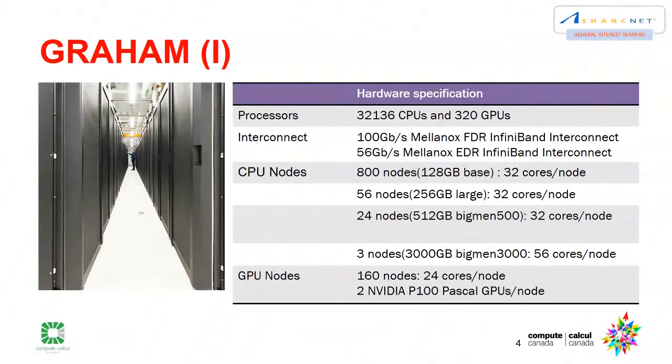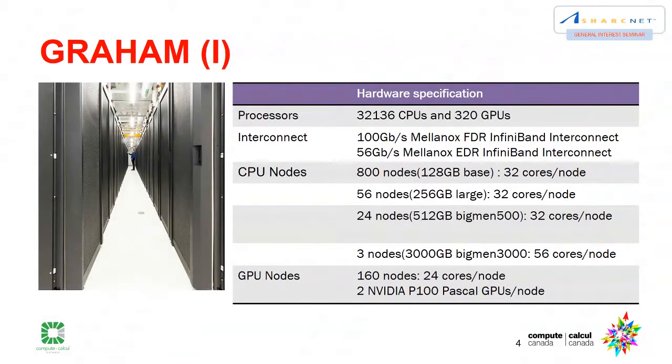And for CPU nodes, we have 800 nodes. Each node has 32 cores. Some of the machines have more memory on the physical node, which has 256 GB. We have 56 nodes like that, and each node has 32 cores as well.